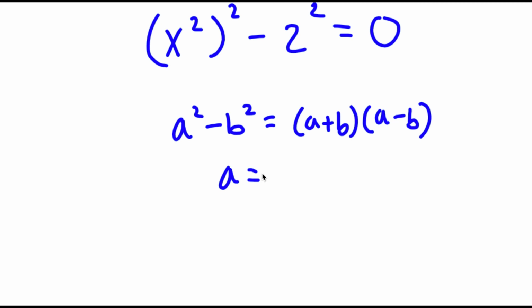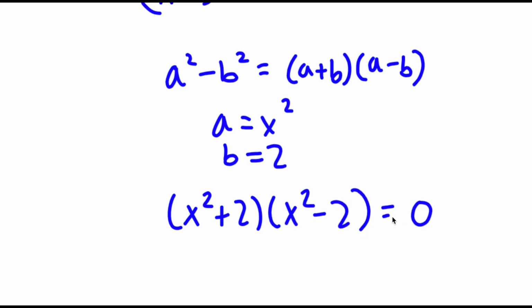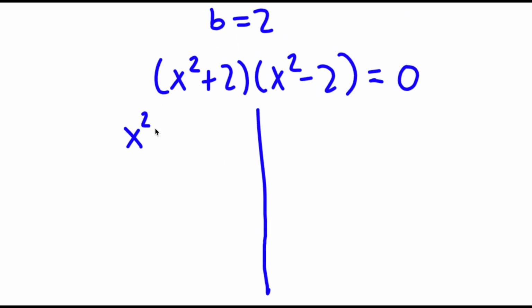So in this case, a is x squared and b is 2. So I have x squared plus 2 times x squared minus 2 is equal to 0. So now this gives me two equations. I have x squared plus 2 is equal to 0, and x squared minus 2 is equal to 0.